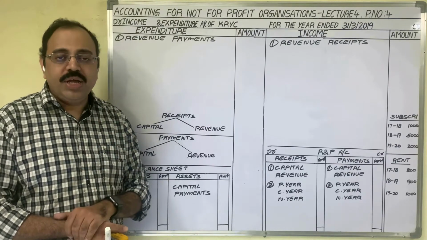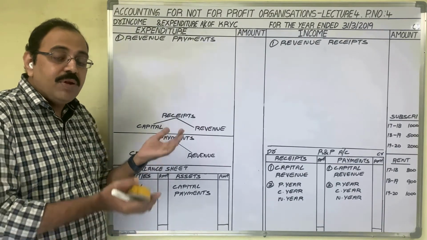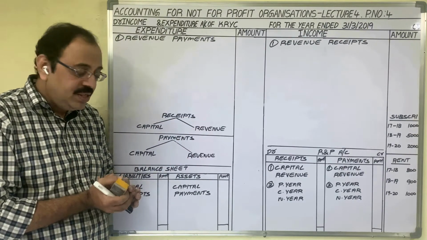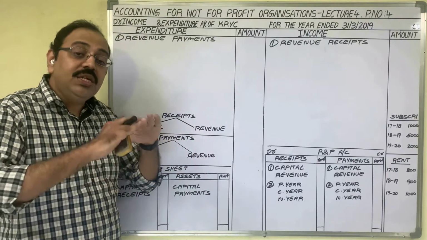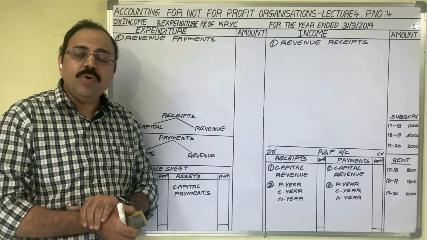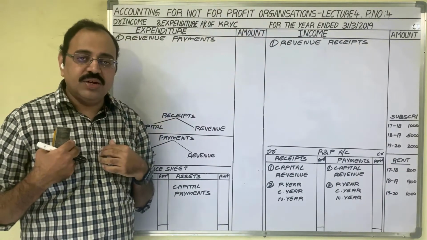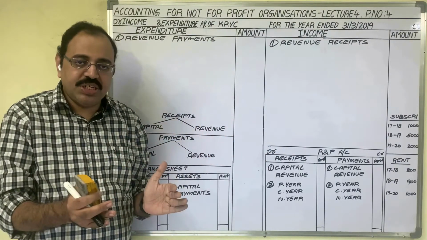The second point is, because of a capital payment, our present earnings increase. But because of a revenue payment, present earnings will be maintained. What is the meaning of this? Suppose one for-profit company purchased one second-hand machine.